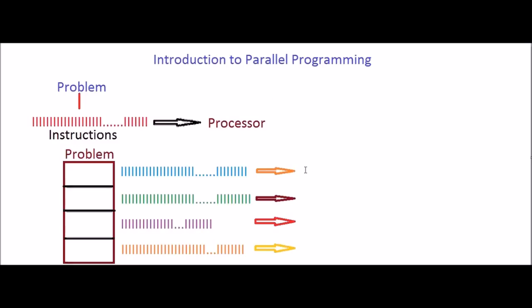We run these 4 sets of instructions on different processors. The first instruction set goes to processor 1, the second goes to processor 2, the third goes to processor 3, and the fourth goes to processor 4.